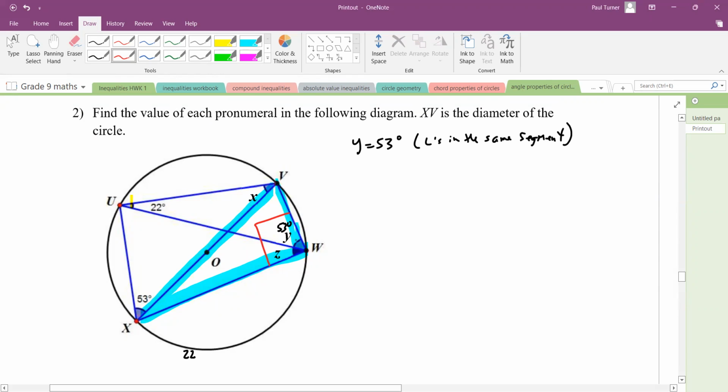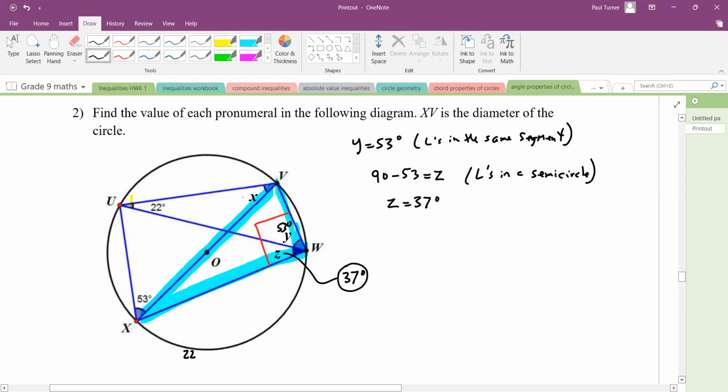So we can say that 90 minus 53 will be Z. And so this is angles in a semicircle. So then Z then would be 37 degrees. So this Z is 37. There, we'll put it in there.